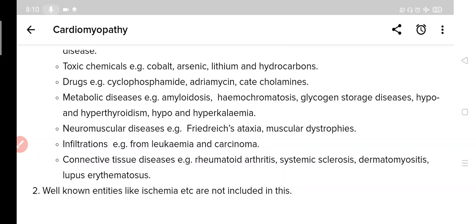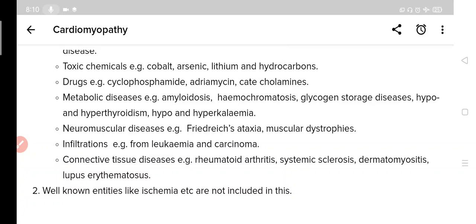So logically it should also come under cardiomyopathy, because the myocardium is being affected, but it is not included in cardiomyopathy. Why? Because it is a very well known, very well researched and very well studied entity, so it is described separately. That is why it is not included in cardiomyopathy.